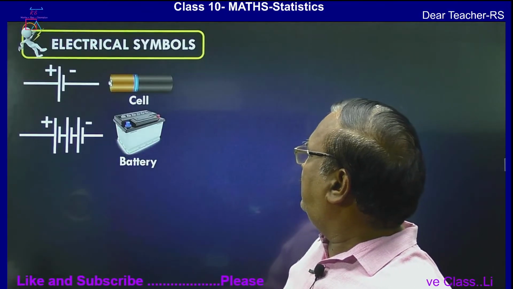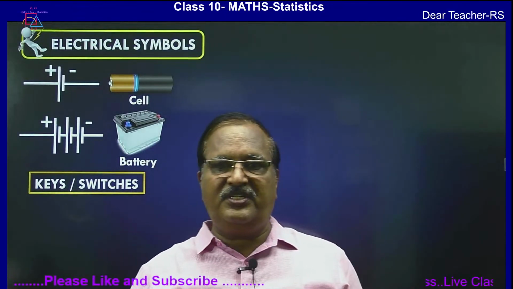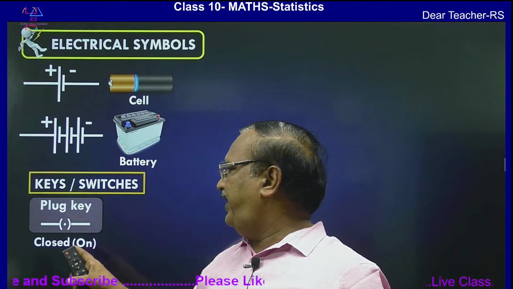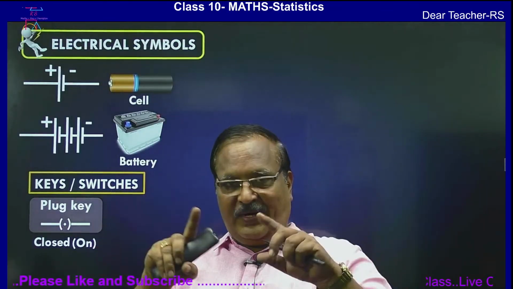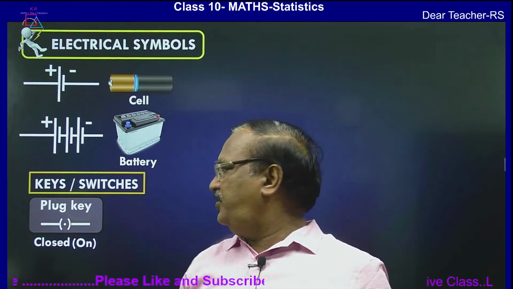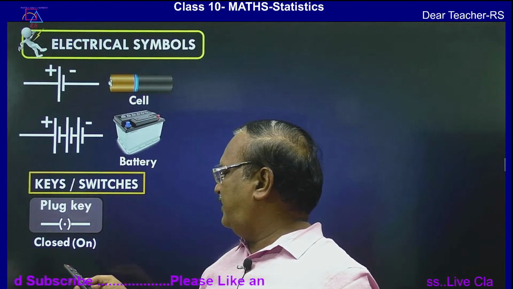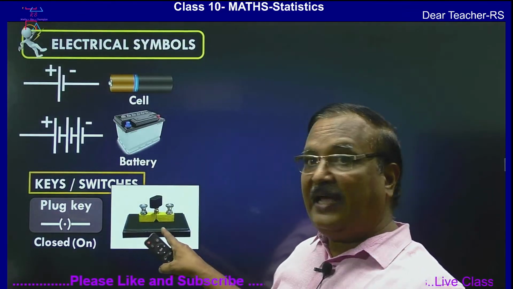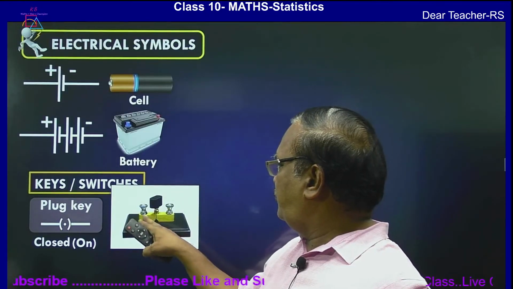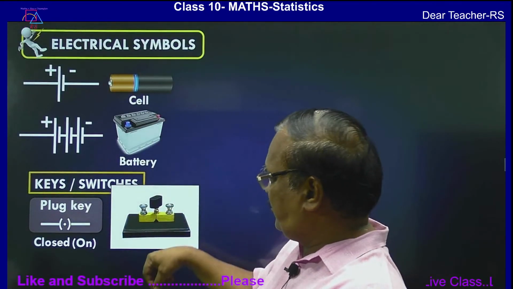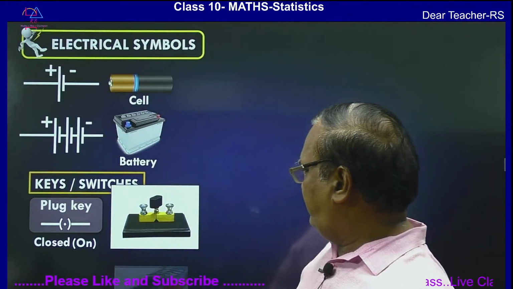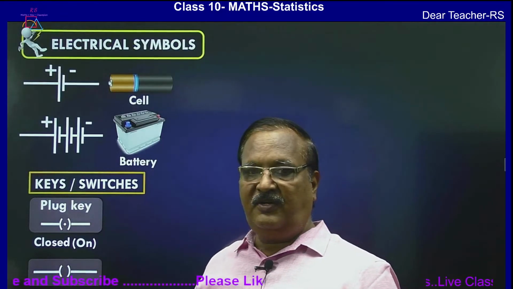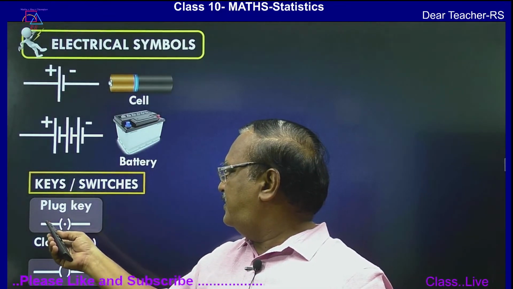And let us see key and switch. Switch and keys are also very important. So how is the key drawn? This is one way, a line, that is wire, bracket and dot. This dot is a closed switch, on. These two are the ends, this is the switch, right? There is one more way. This is open switch and this is closed. If there is a dot, that is on.